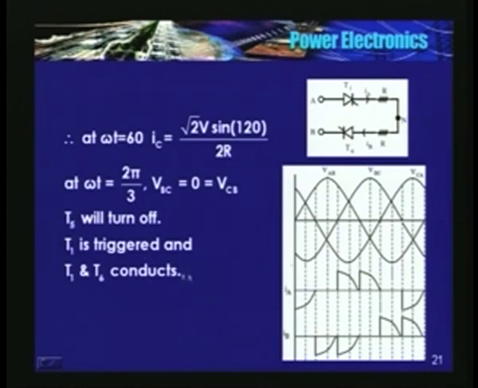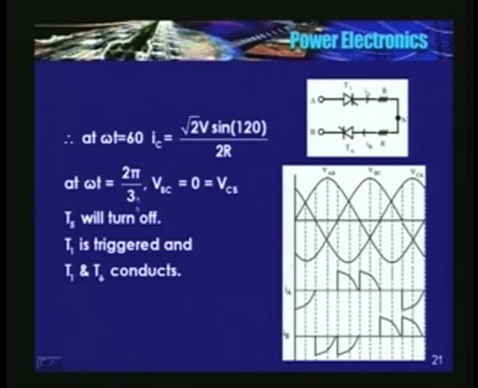So where does T5 stop conducting? Now at omega t is equal to 2 pi by 3, VBC becomes 0 or VCB becomes 0, and VBC becomes positive. In other words, VCB becomes negative.